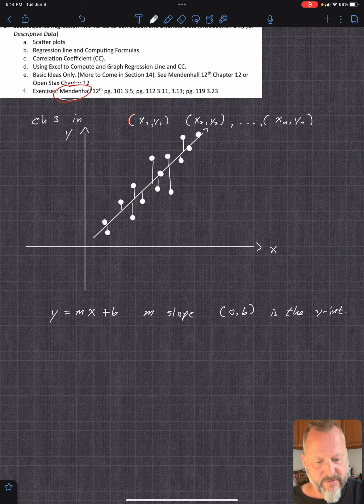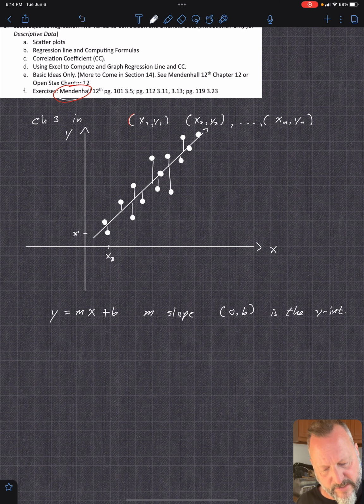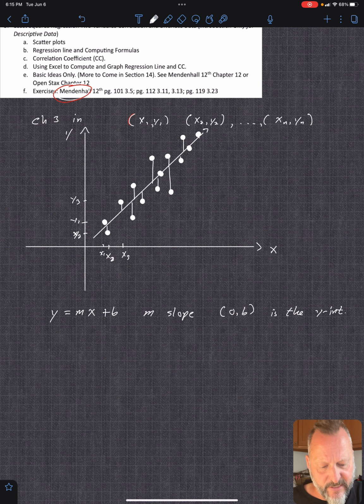You would set them up as x, y, with your x values and your y values. This first one would be x1, y1. This one here would be x2, y2. This one right here would be x3, y3, etc. So that's what it would look like.